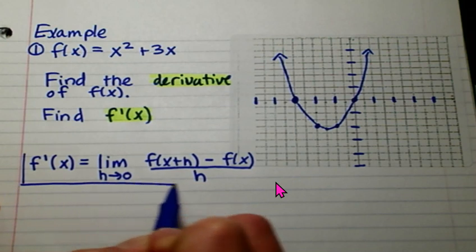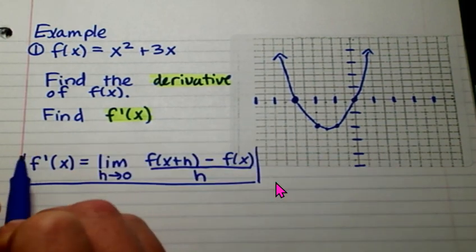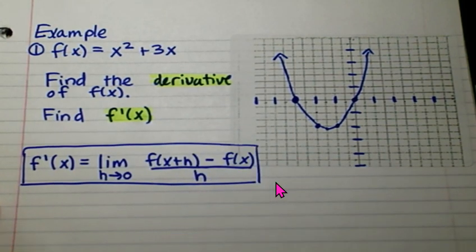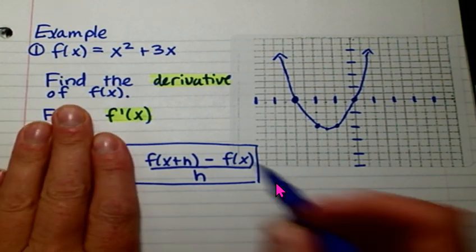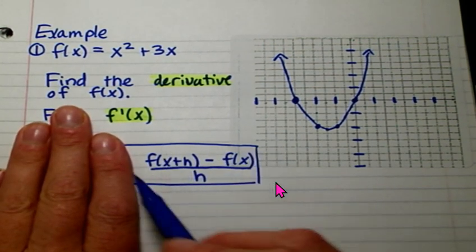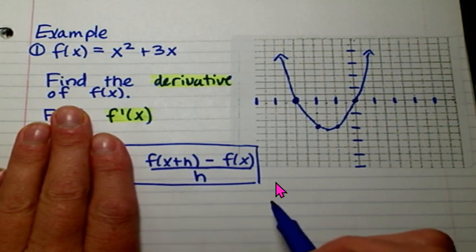Okay. That's the thing that we put in the box. That's the formula on how we find the derivative. Difference quotient. This is the difference quotient that we've been practicing evaluating in your homework.